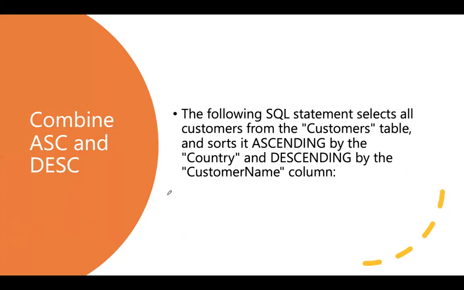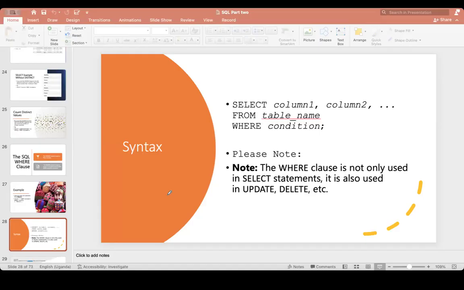You can even decide to combine. The following SQL statement selects all customers from the customer table and sorts it ascending by the country and then descending by the customer name.